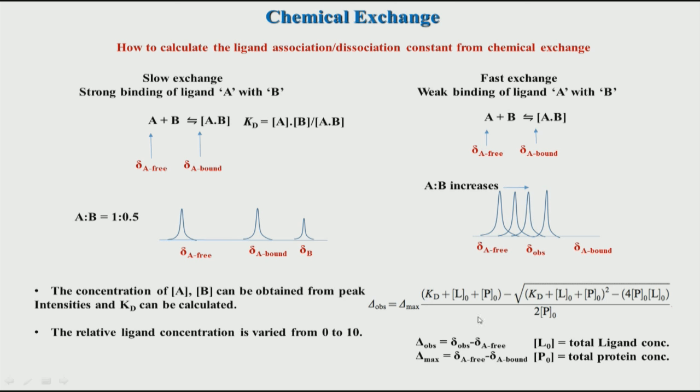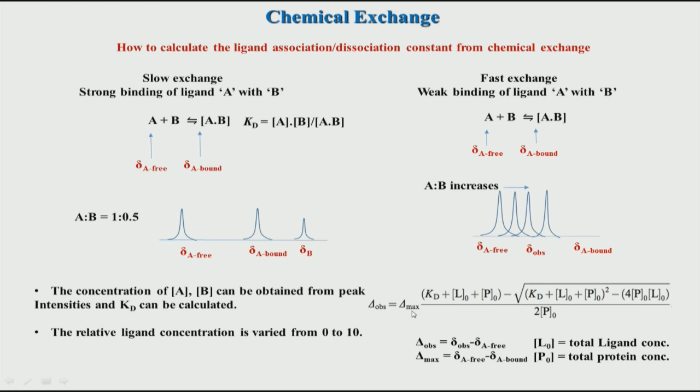This is a formula which we will not derive, but it can be very simply derived based on simple equations like this. Now, the derivation finally says that at any given time you have to calculate. Any given time means, when you are titrating you will titrate several times. So, you will have the free form, you add a little B, a little more B and so on. At any given time you will observe a shift of the peak, and that shift from the original peak, which is the free form, is called delta observed at any given time.